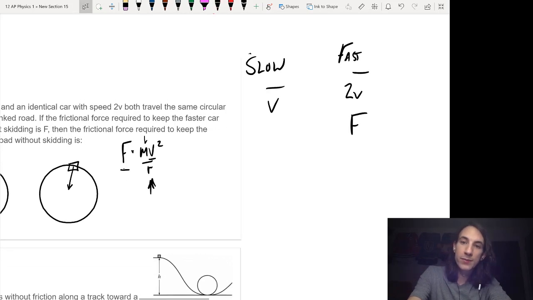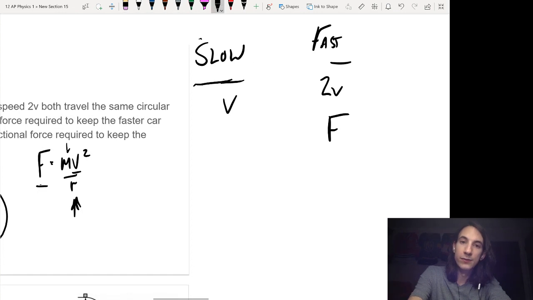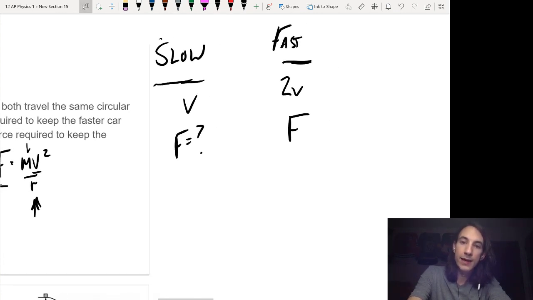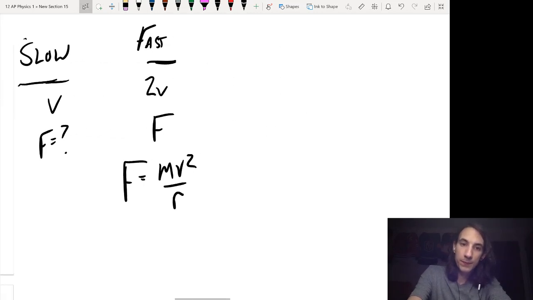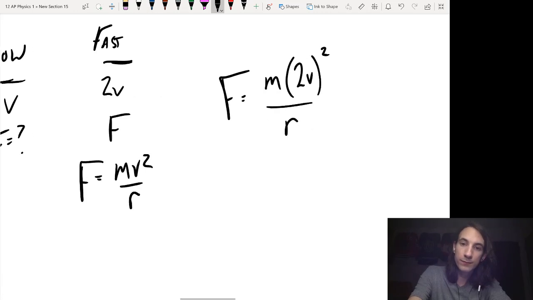Again, I like to do this more mathematically and say, well, I know my equation for centripetal force is F equals mv squared over r. So with my faster car, I can say F is equal to m times 2v squared over r.